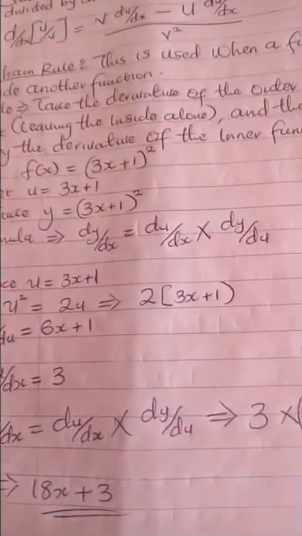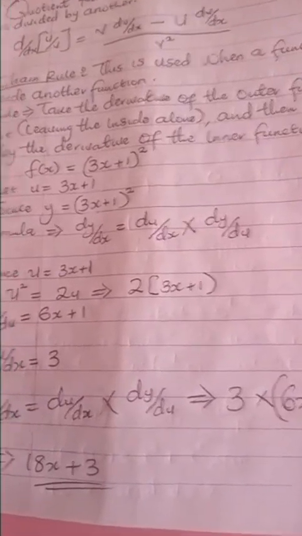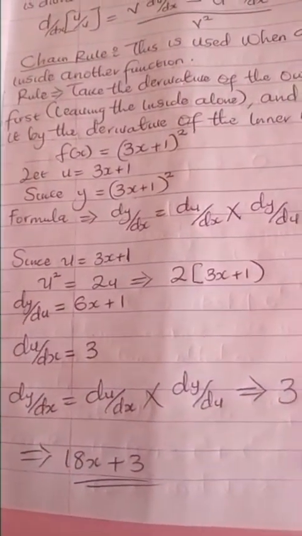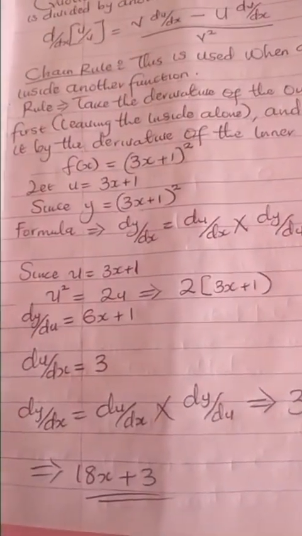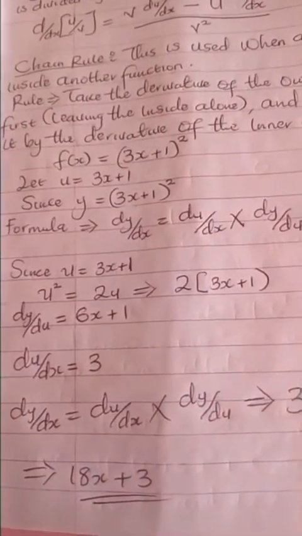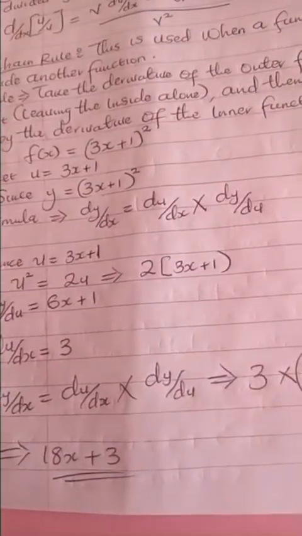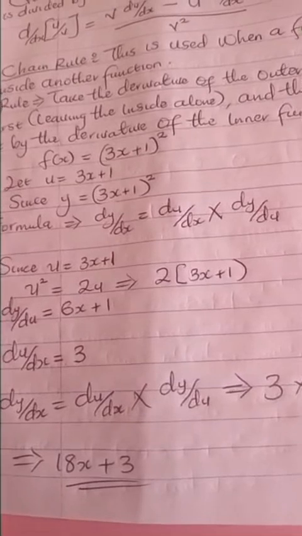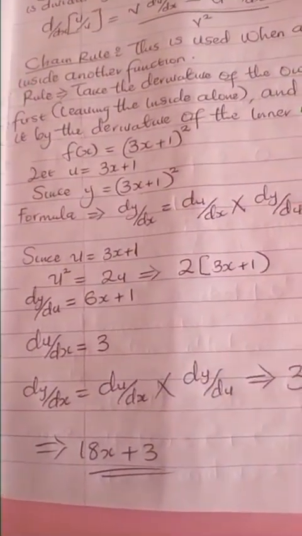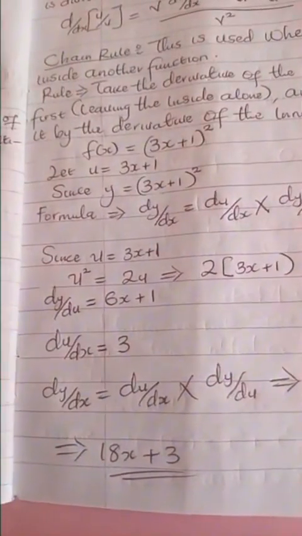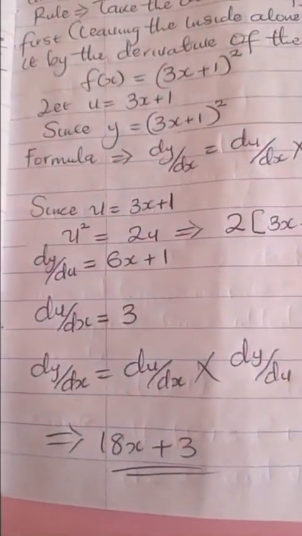Now formula: dy dx is equal to du dx times dy over du. Now our u is equal to 3x plus 1. So instead of (3x plus 1) squared, it will now be u squared, which when we differentiate gives us 2u, and 2u is equal to 2 bracket 3x plus 1. And when you open the bracket, we have 6x plus 2, which is our dy du. Now our u is equal to 3x plus 1.